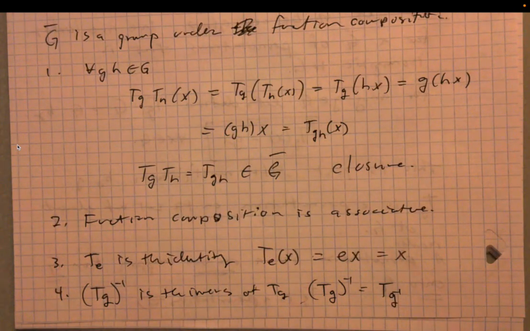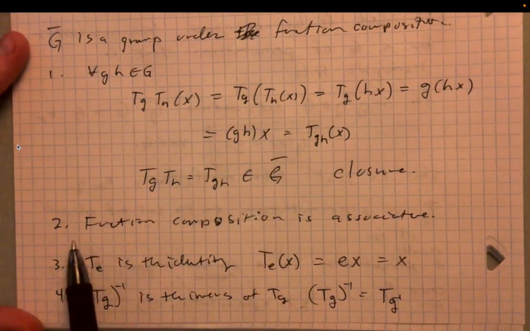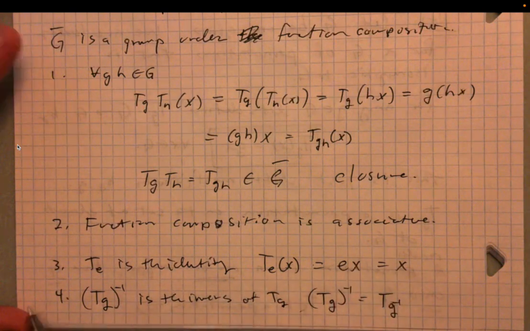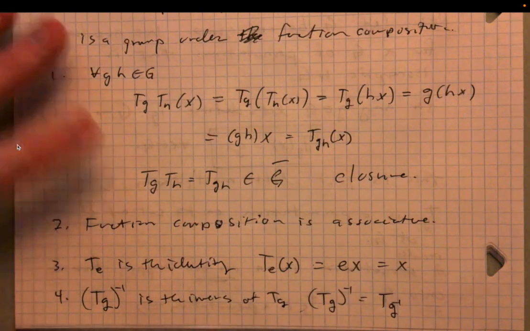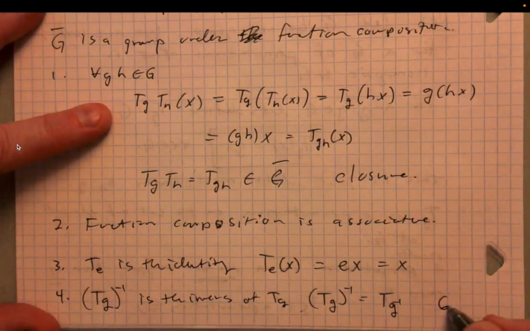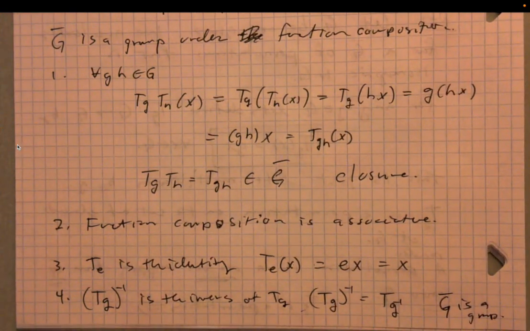And so that's that. We have closure, we have associativity, we have identities, and we have inverses. So G bar is a group. We've identified a mapping to a permutation, and we've shown that the collection of permutations forms a group.